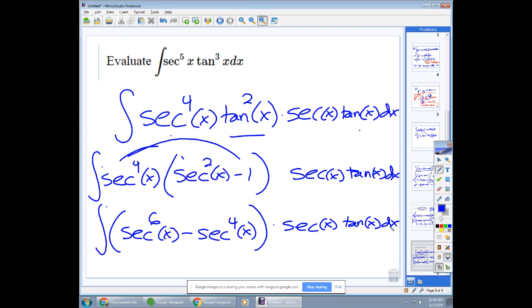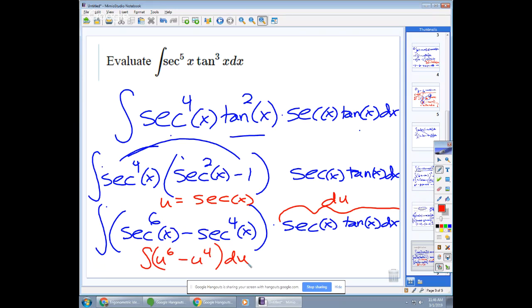Now I can do a u substitution. What are we going to let u equal? And what is du going to be? Secant tangent dx. Okay. So I'm letting u equal the secant, and du happens to be sitting right there on the end. So this becomes the integral of u to the 6th minus u to the 4th, parentheses du.